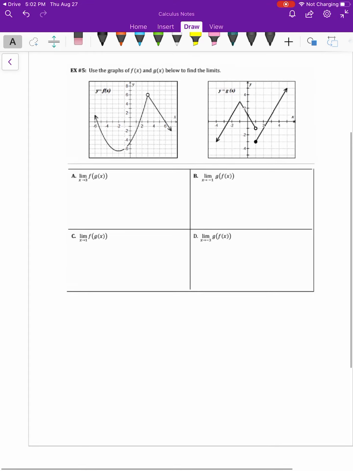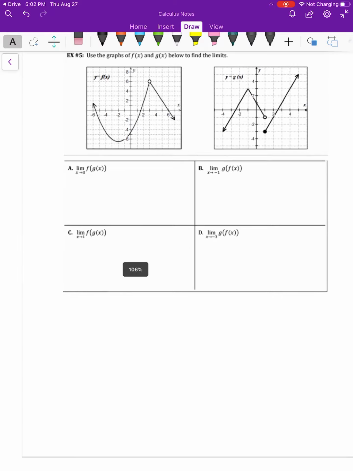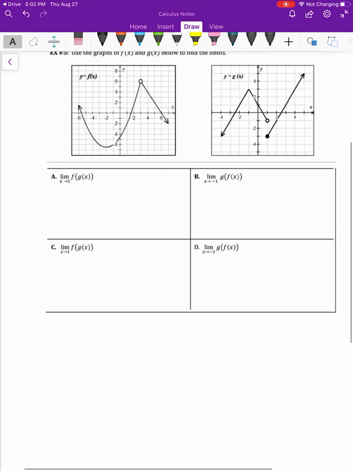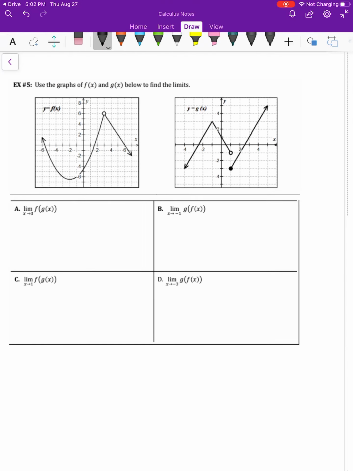This is problem number 5 that was all about the composition. And for part C, I actually worked the problem the long way. When I say the long way, I mean that I went ahead and calculated what this f of x is.